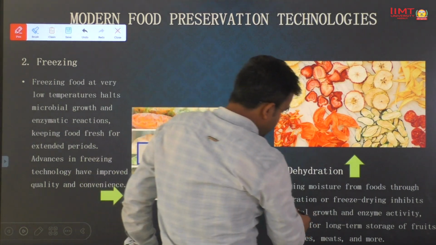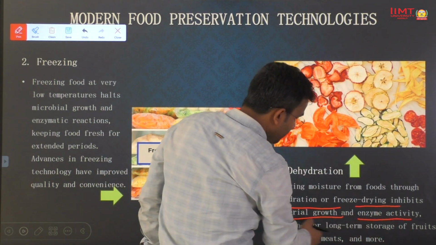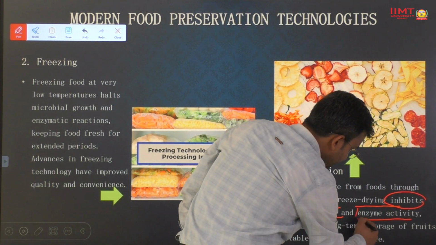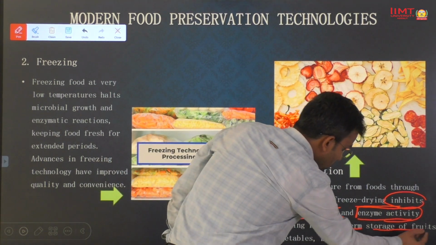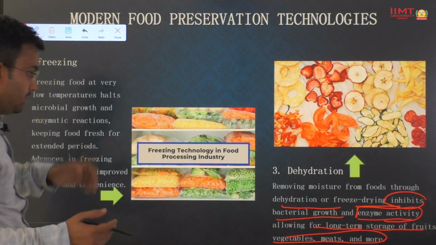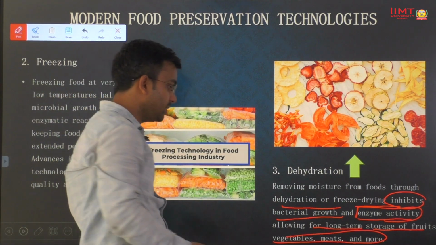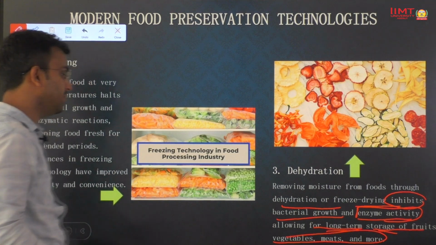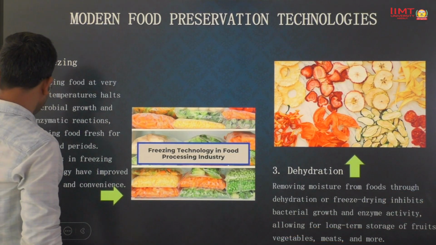Dehydrating or freeze drying inhibits bacterial growth and enzyme activity, allowing long-term storage of fruits, vegetables, meat and more. Now we go for next.